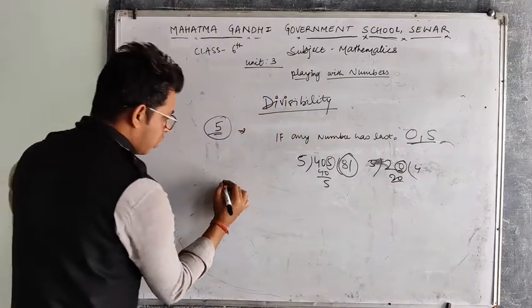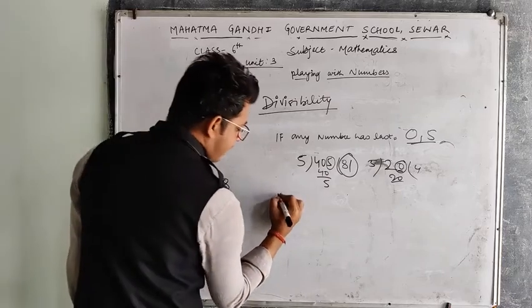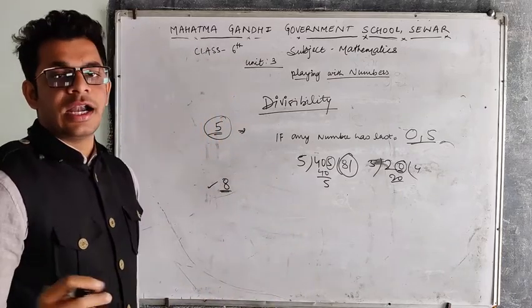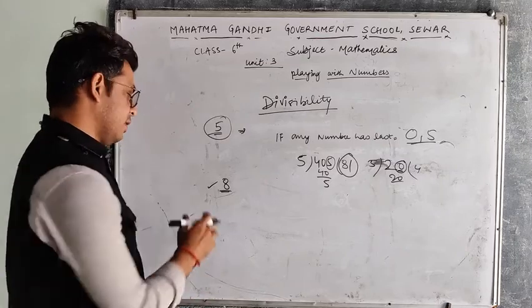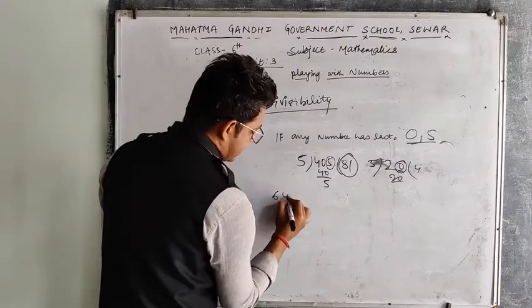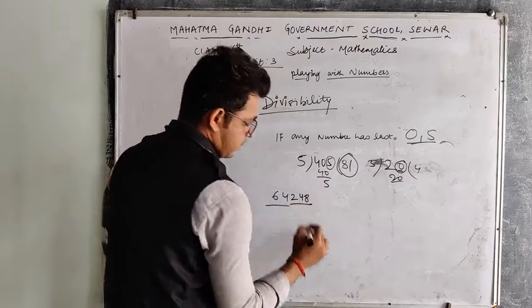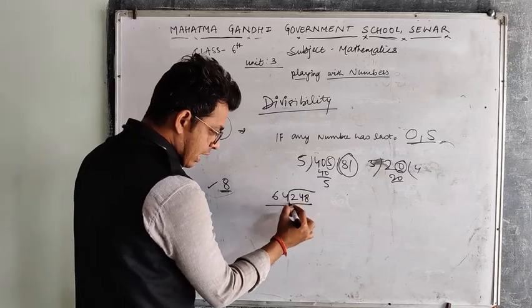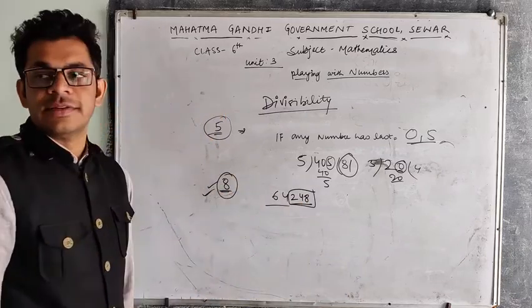Now we will talk about 8. If the last 3 digits are divisible by 8, it means the number will be divisible by 8. If I write 6 4 2 4 8, the last 3 digits are divisible by 8, it means it is divisible by 8.